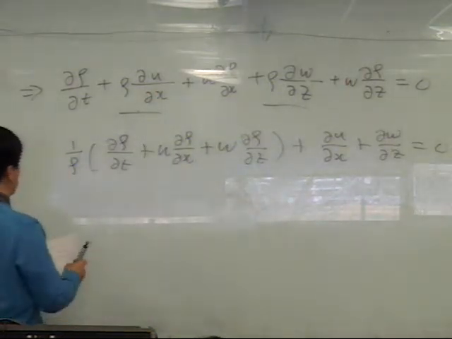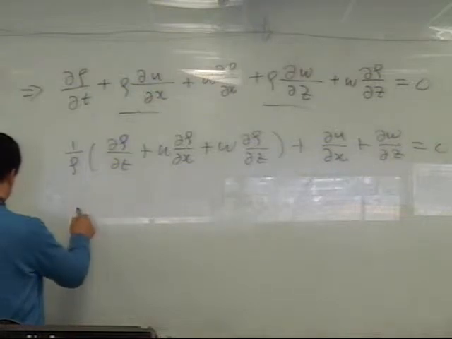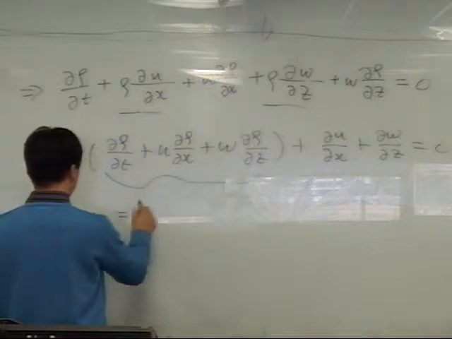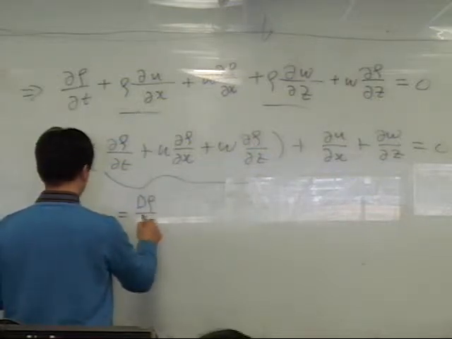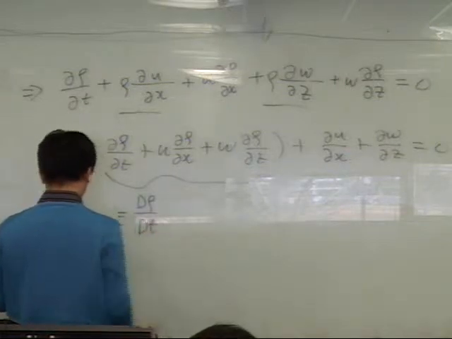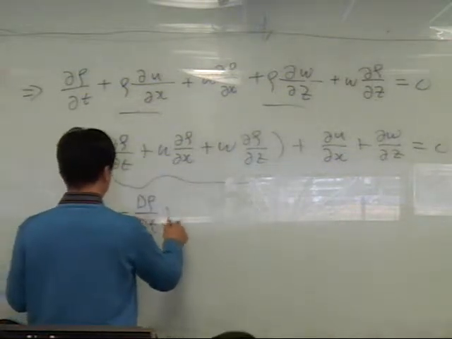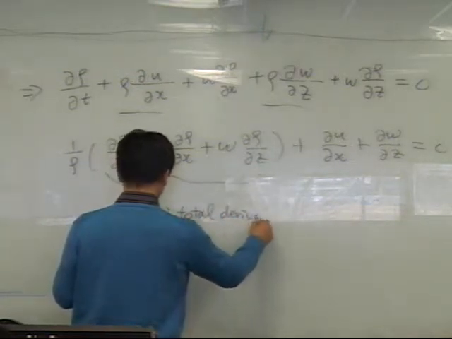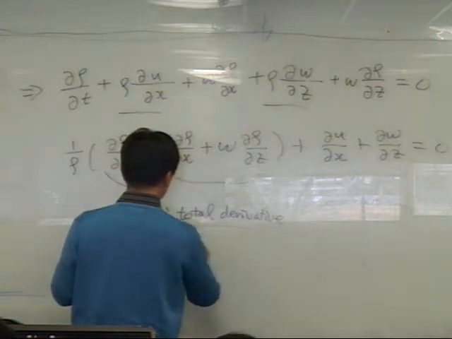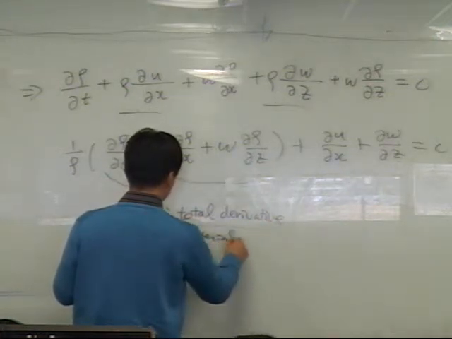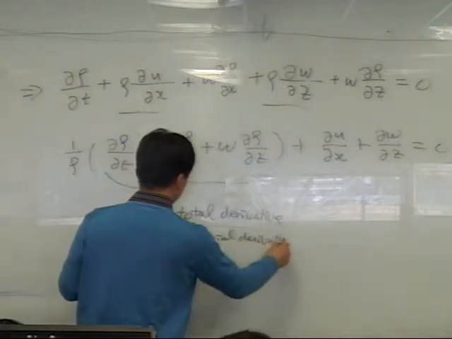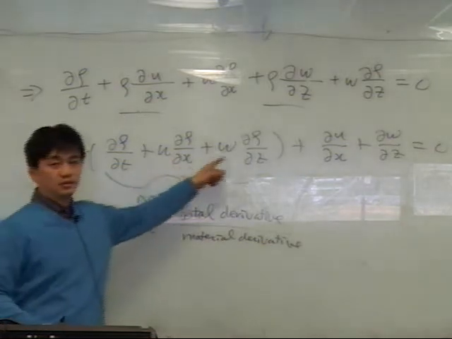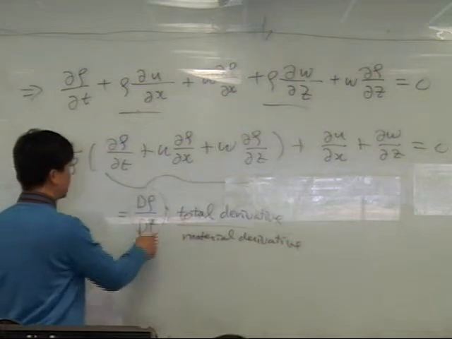Look at here. This is the total derivative of rho with respect to t. Total derivative, or material derivative. We are saying this is a material derivative. So instead of writing these three terms, we can use only this term.